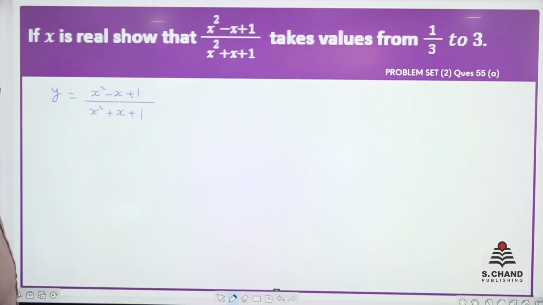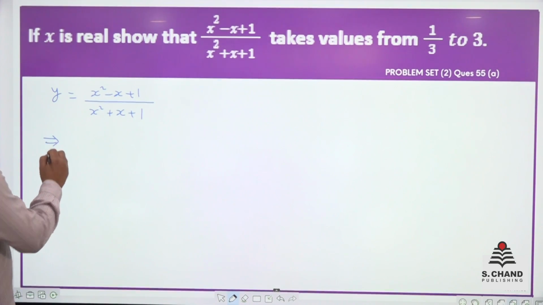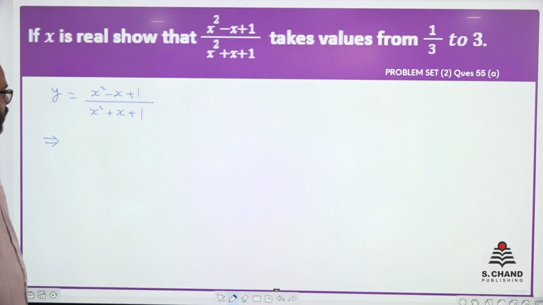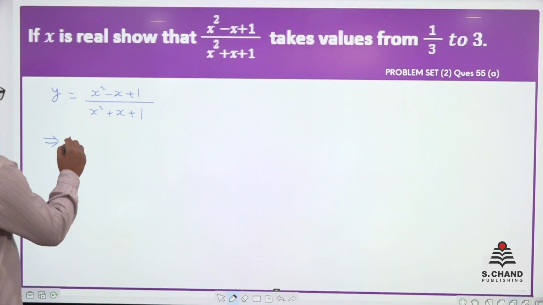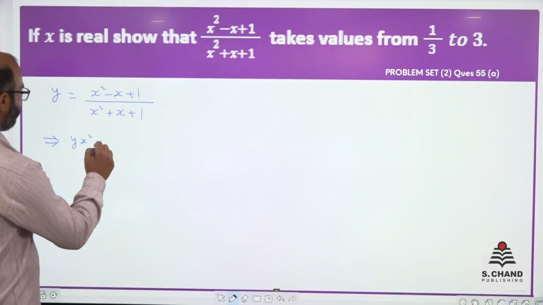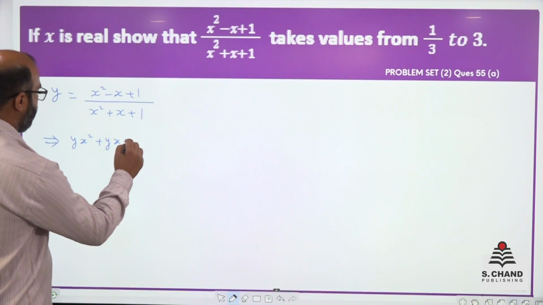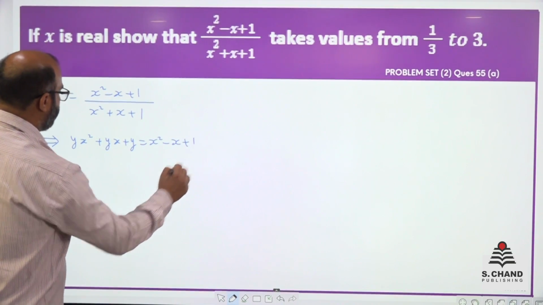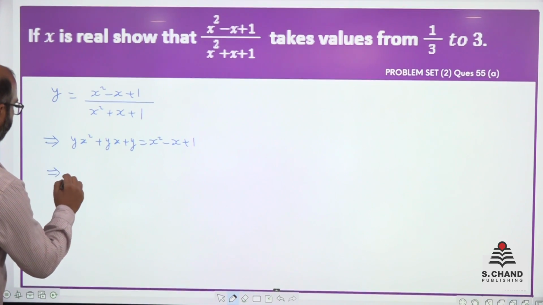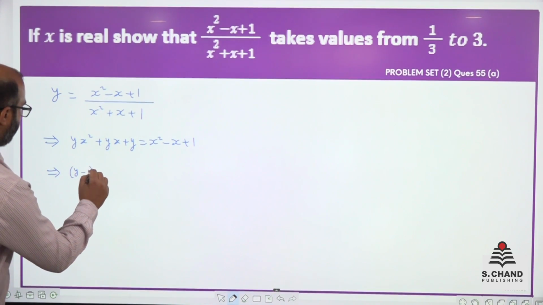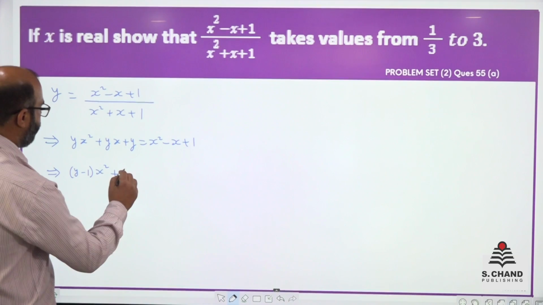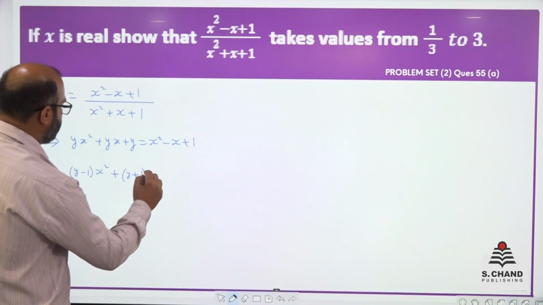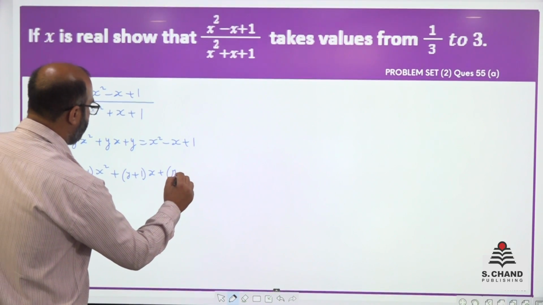Now I am going to cross multiply. This type of question you may also see in the function chapter. So yx square plus yx plus y is equal to x square minus x plus 1. In the next step, we take (y minus 1) x square plus (y plus 1) x plus (y minus 1) equal to 0.